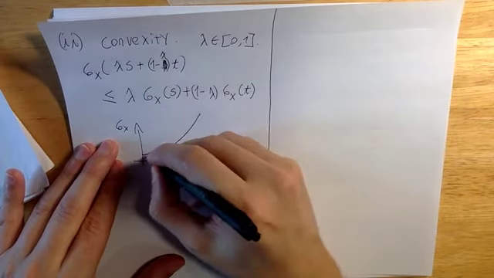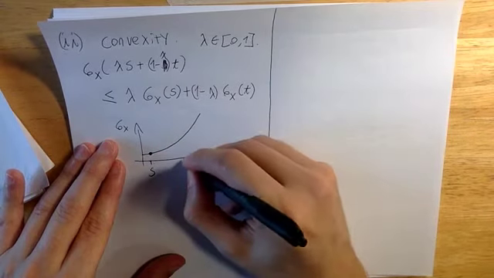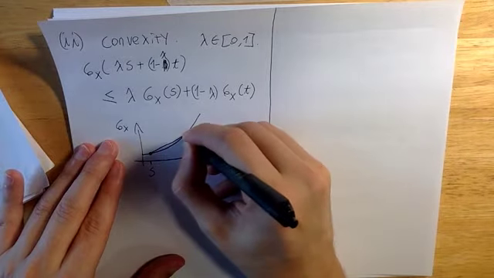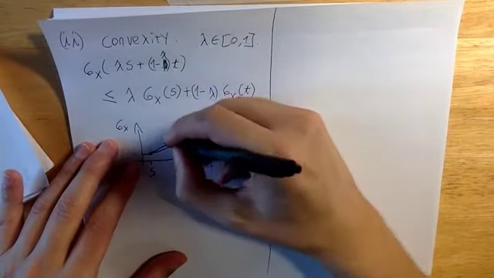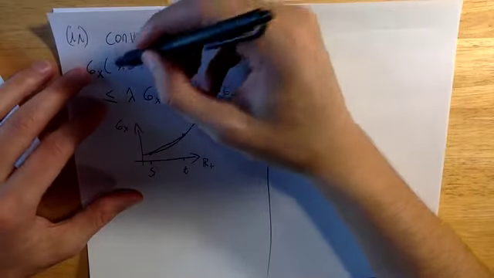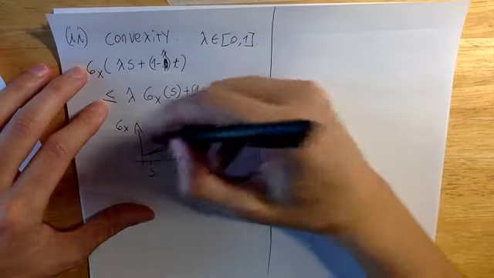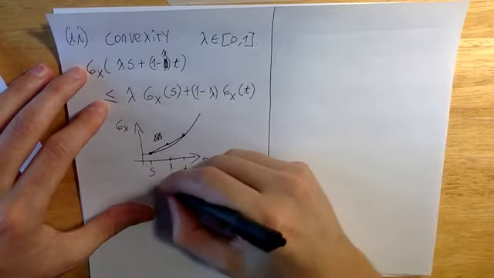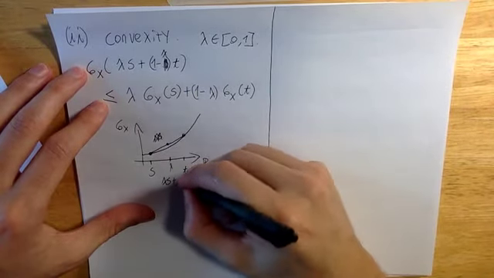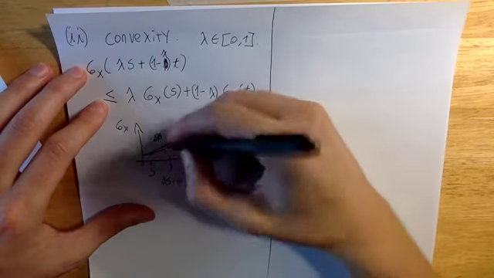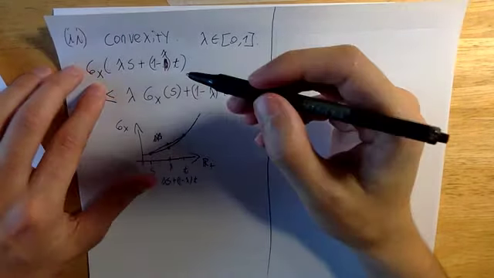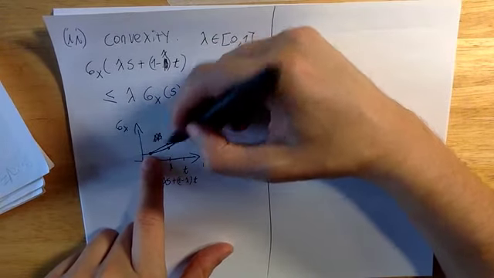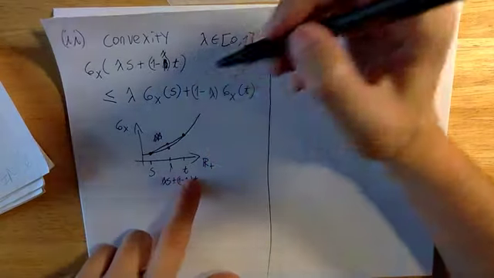So the idea is if we take a value here s, we take a value here t, and this is lambda s plus 1 minus lambda times t, we have that g at that value has to be less or equal than the line, the secant line between g of s and g of t.